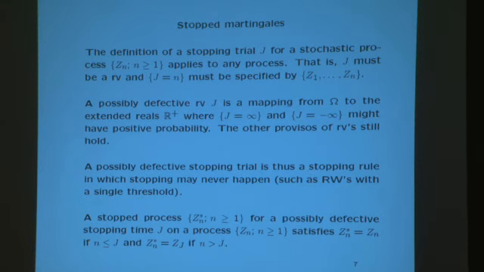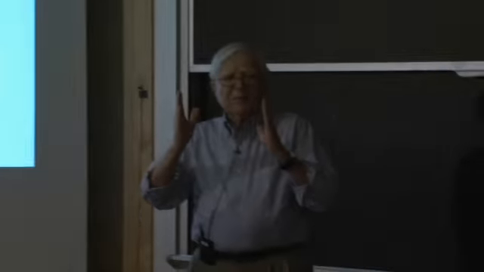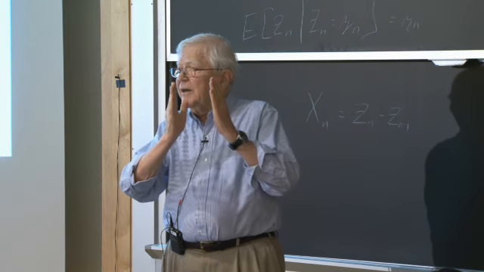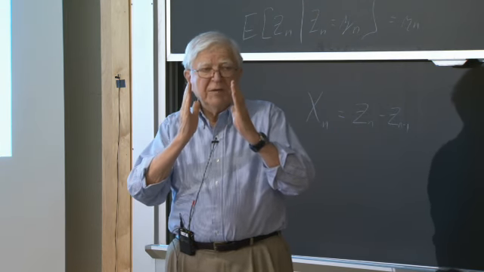What a stopping rule is, you remember, is you have a sequence of random variables, any kind of random variable, and a stopping rule is a rule where the time that you stop is determined by the things that you've seen up until the time that you stop. You can't peek at future values. You have to look at these sample values one by one as they arise, and when you get to the point you want to stop, you know that you want to stop there from the sample values you have already observed.